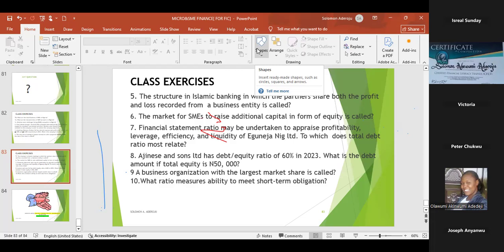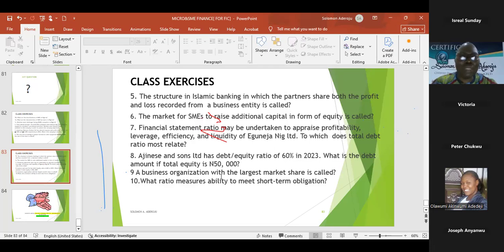So, ladies and gentlemen, it's leverage, that's the correct answer. So total debt ratio relates to leverage. Ajinese and Sons has a debt equity ratio of 60% in 2023.